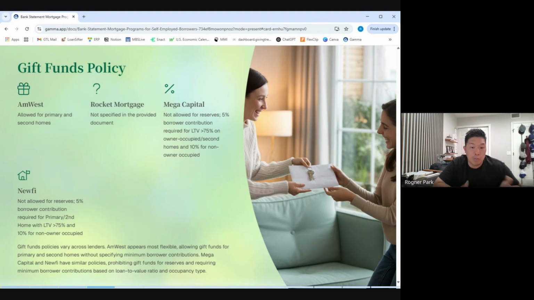NewFi, if you're brokered, unfortunately not. However, NewFi, generally speaking, has the better rate because they have two different programs. One's called the Sequoia and one's called the Rainier. The Rainier has really good pricing. Usually, it's not always the case, so make sure you go into Loan Sifter and price it out.